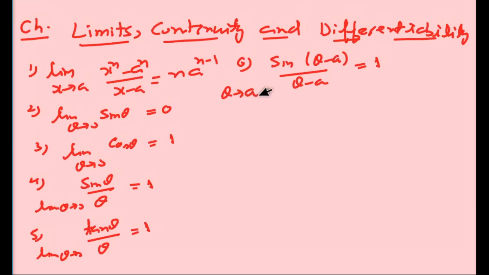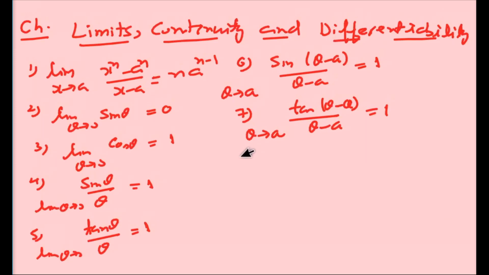Okay, means theta tends towards a. Similarly, tan of theta minus a upon theta minus a, theta tends towards a, you can write directly, it is 1. No need to prove it.